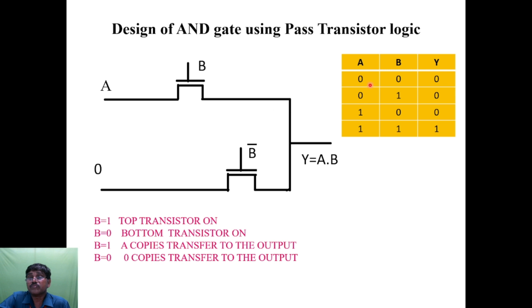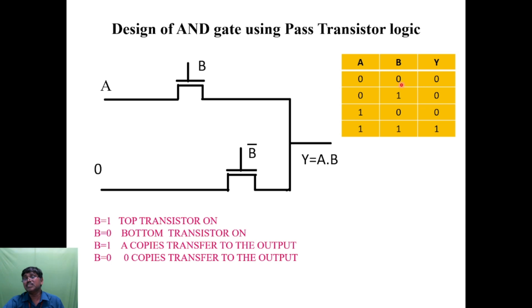So here, see the diagram. There is a pass transistor: an NMOS transistor and another NMOS transistor. B is the control input, and A is the data input.